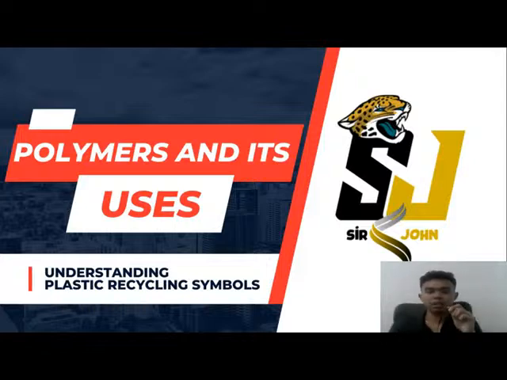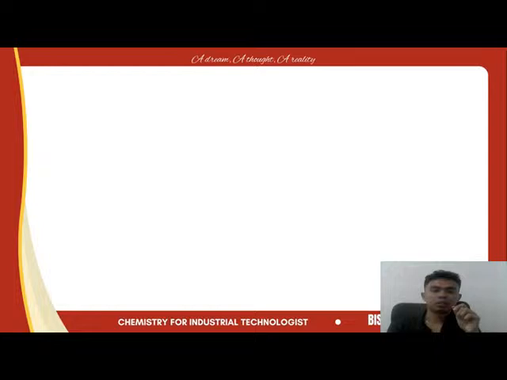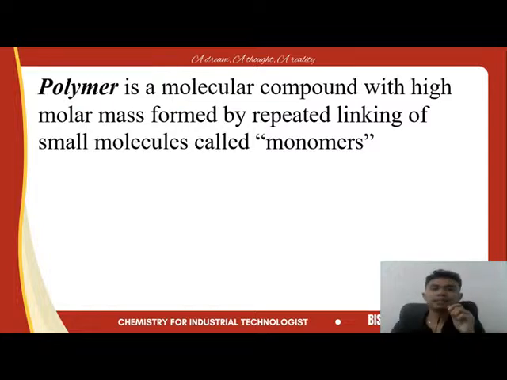So what is a polymer? What is a polymer? Polymer is a molecular compound with high molar mass formed by repeated linking of small molecules called monomers. Again, a polymer is a molecular compound with high molar mass formed by repeated linking of small molecules called the monomers.